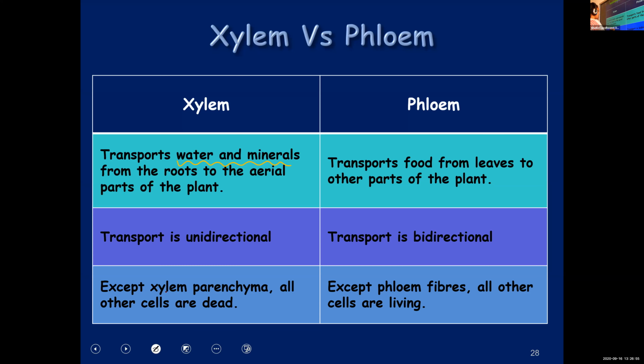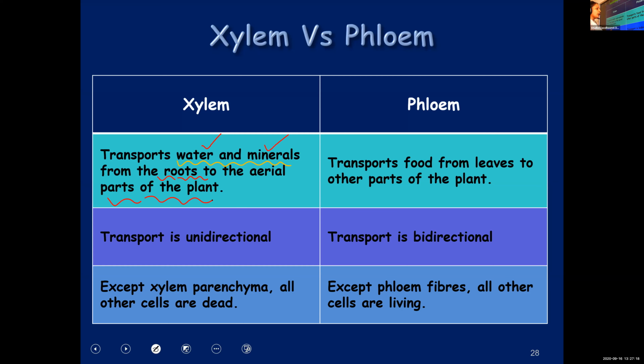So roots will transport it to aerial parts. Aerial parts means parts above the soil like stem, leaves, branches. So you can say roots to all the other parts of the plant. Once again, xylem will transport water and minerals from the roots to different parts of the plant.